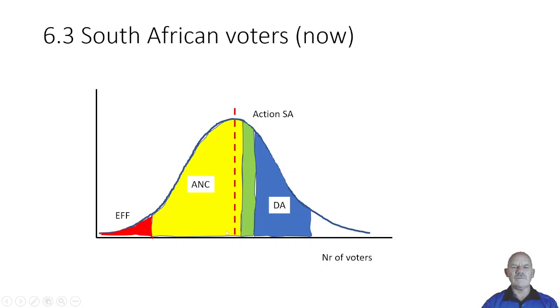So if they could convince some ANC members to join them, or some more DA members to join them, then the middle of the pack thinking could very much be Action SA. The EFF is always going to be radical, I think, and the right-wing whites on the very right are always going to be radical, and hence they will probably never win an election.